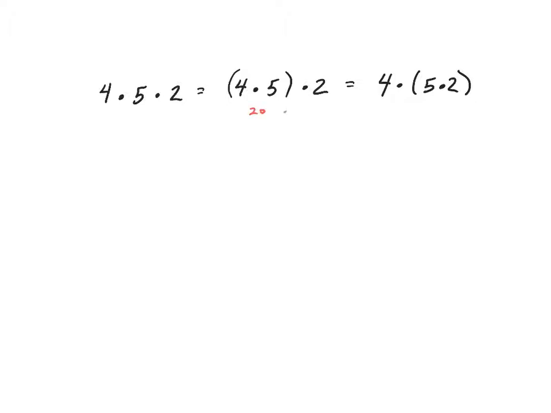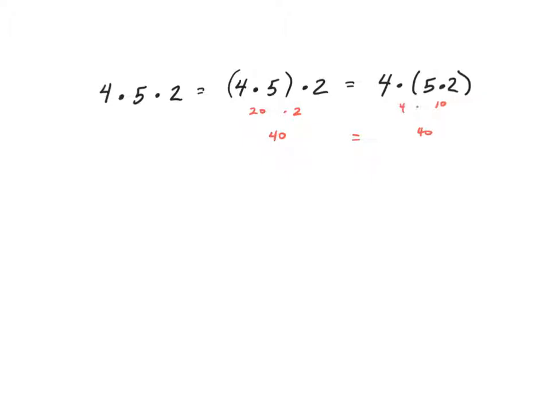This would be 20, then times 2 is 40. This would be 10, then times 4 would also be 40. So 40 equals 40. This property will become very useful with multiplication, especially later on when you start trying to calculate the volume of things like rectangular prisms, because you'll want to look for compatible numbers that you will multiply first.